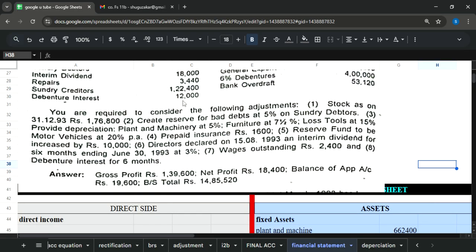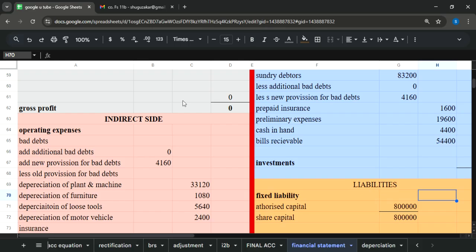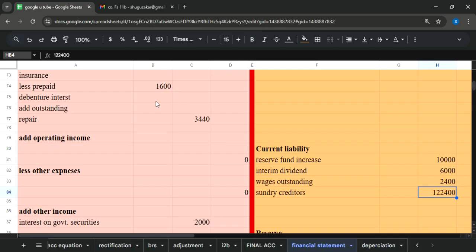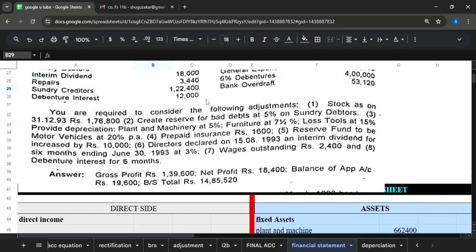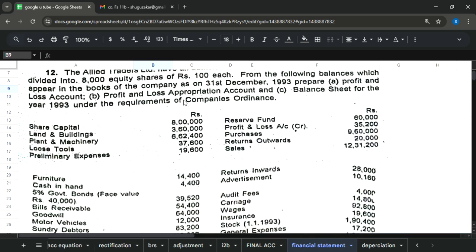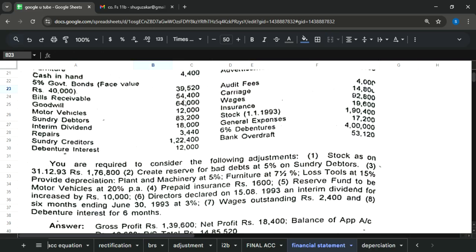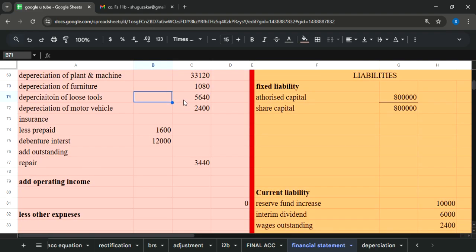After that, we have debenture interest, which is given, and this 12,000 would be present over here. Debenture interest 12,000. Okay, listen. This 12,000 was given in your question, and we are still waiting for the remaining information.